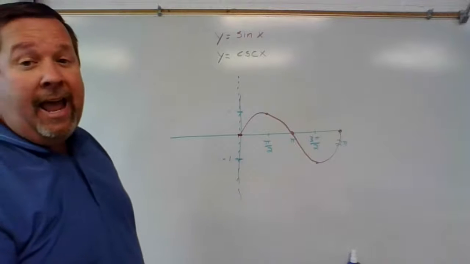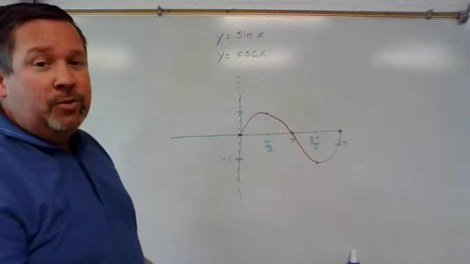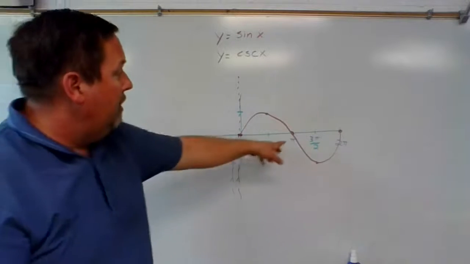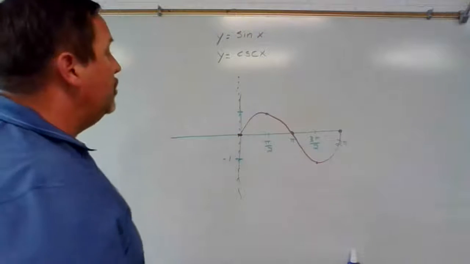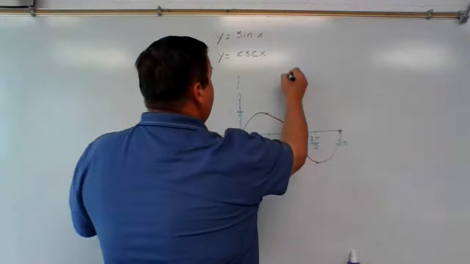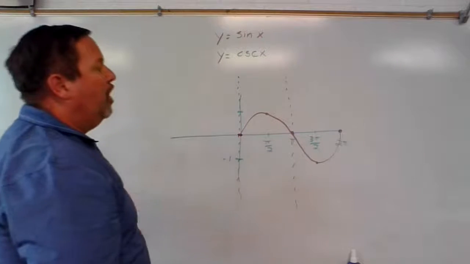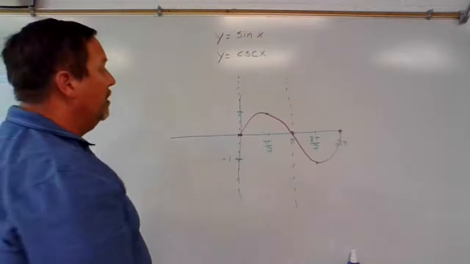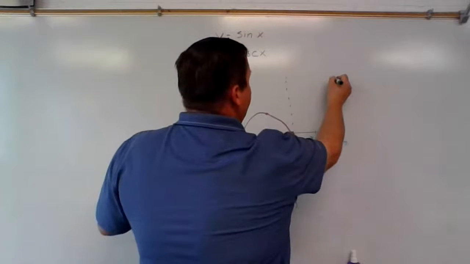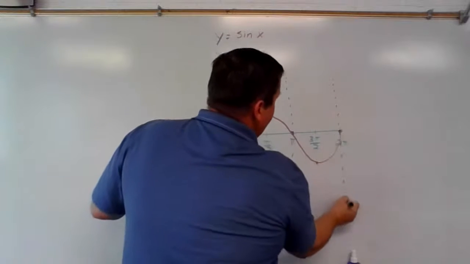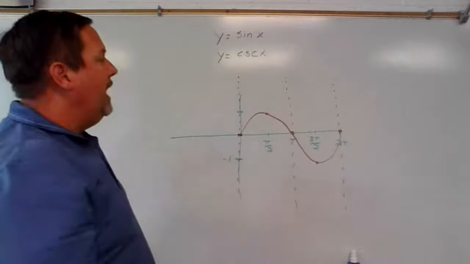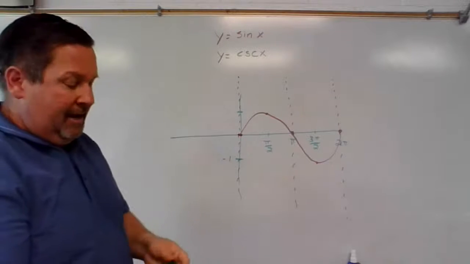Remember, again, that was because sine was 0 and the flip of 0, or 1 over 0, is undefined. Well, I just want to look ahead and see that there's other places where the sine is also 0. Look here at pi, sine is 0. So I think for cosecant, I'm going to have another undefined part, a vertical asymptote. And there at 2 pi, I'm going to have the same thing.